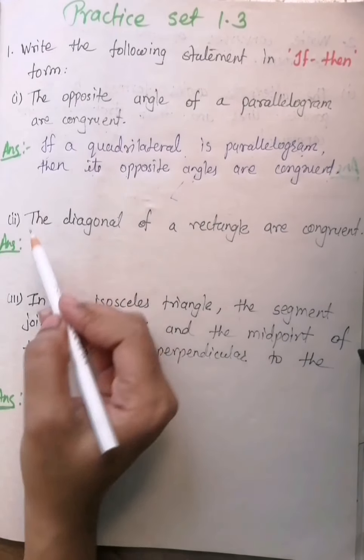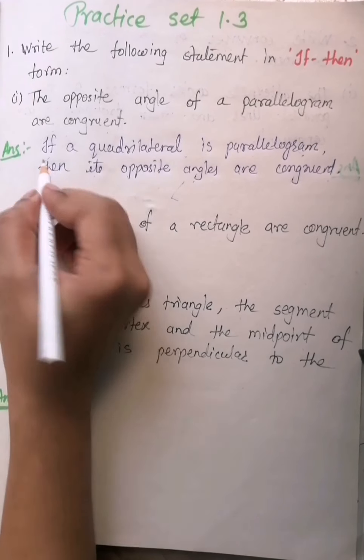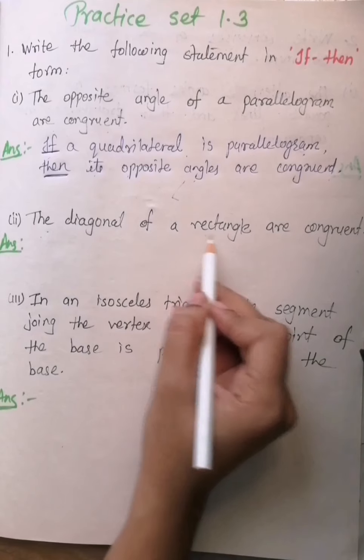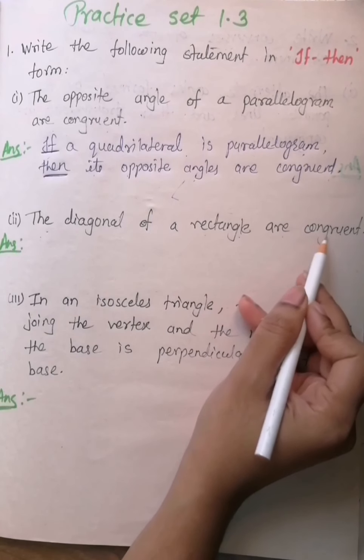Clear, students? Now come to the second one. So we use the if and then form. The diagonals of a rectangle are congruent.